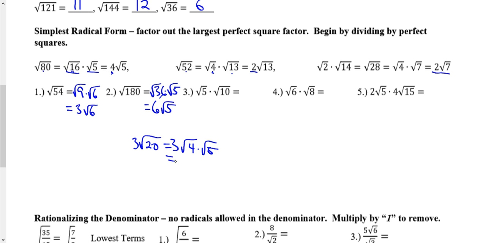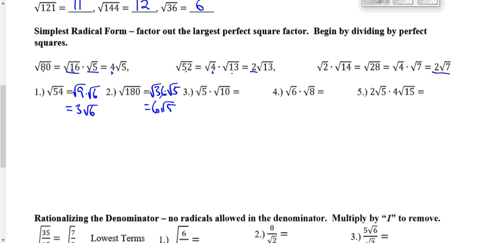What's the square root of 4? See what's going on here? And what's 3 times 2? So we do get 6 square roots of 5, but it's kind of obnoxious, right? That's why you want to find the biggest factor to start with. Wasn't wrong, was it? You weren't quite completely finished. Put it that way. Okay?